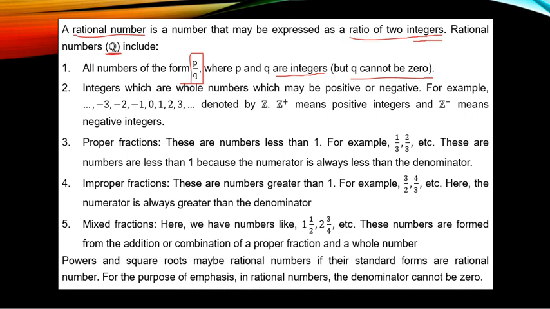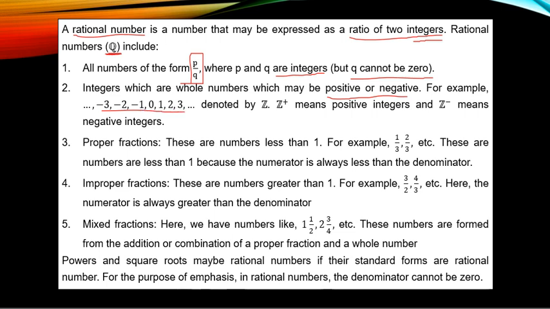Number 2, integers, which are whole numbers, may be positive or negative. I've said that before. For example, -3, -2, -1, 0, 1, 2, 3, and so on.